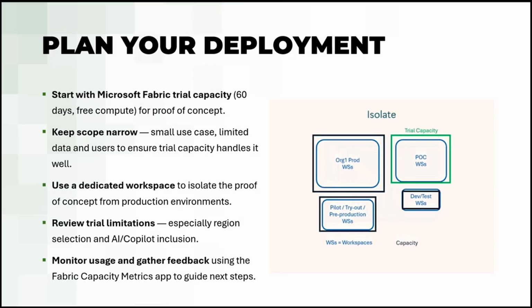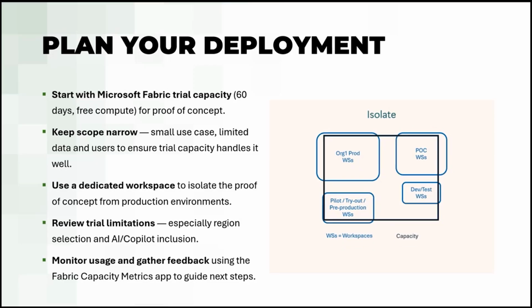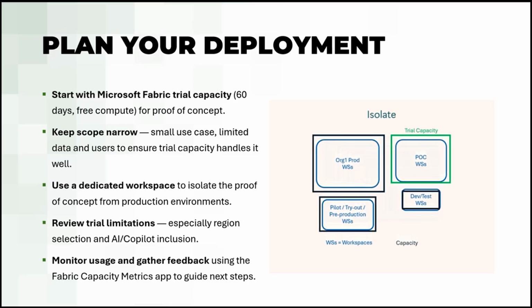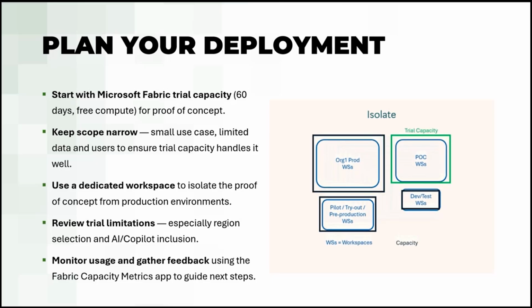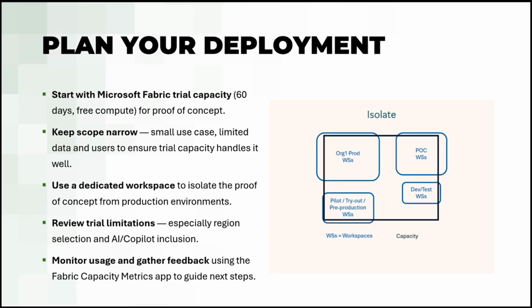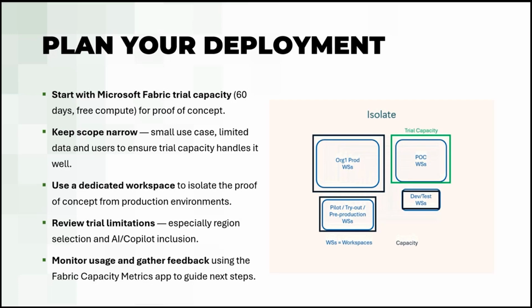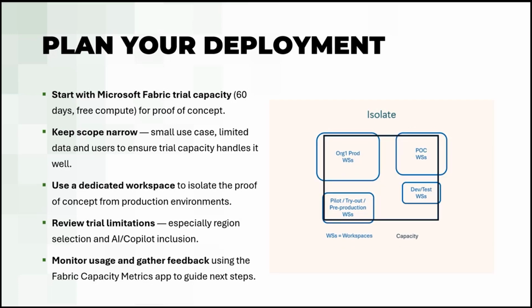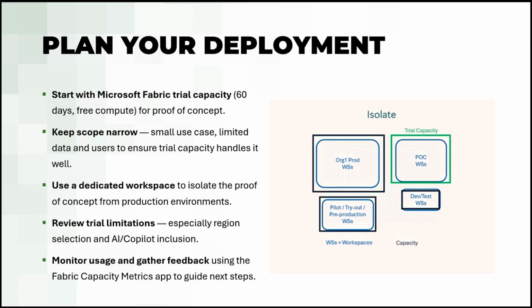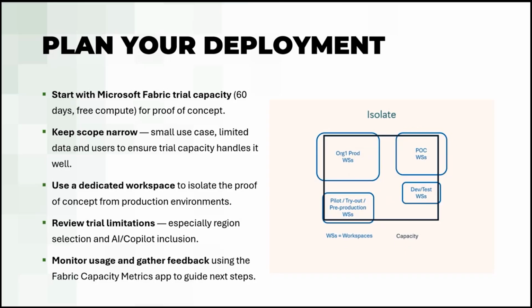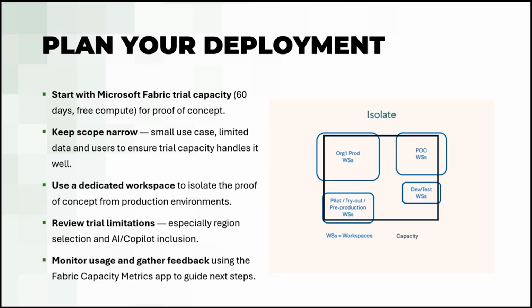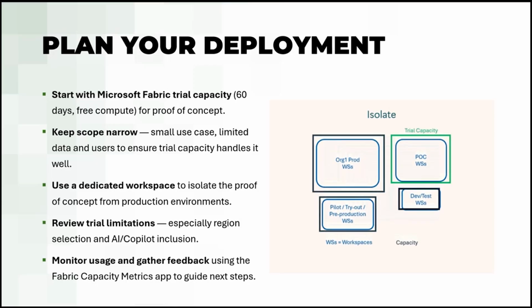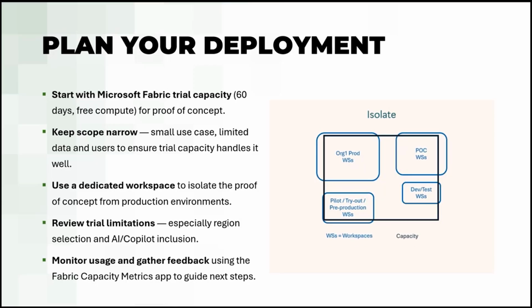Use a dedicated workspace to isolate your proof of concept away from your production environments, so that you can further analyse what's going on in there. Review control limitations, such as region limitations, but that won't really affect us. Monitor usage and gather feedback, so have users available to give you feedback on the products that you're giving out.